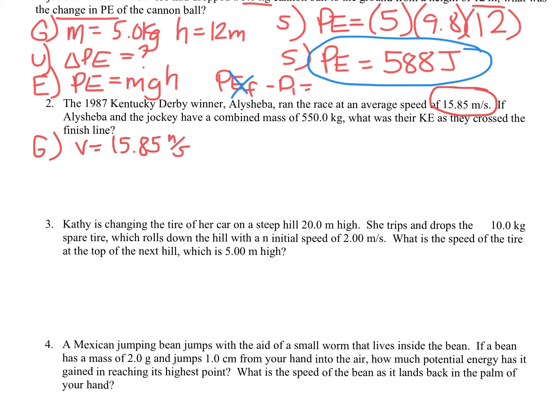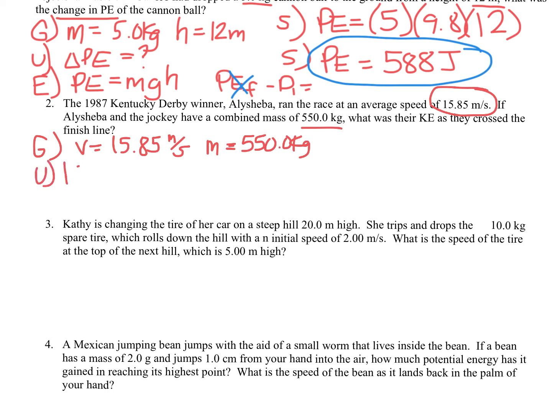If Alysheba and the jockey have a combined mass of 550 kilograms, all right, well, mass is important usually. So let's write that down, 550 kilograms. What was their kinetic energy as they crossed the finish line?